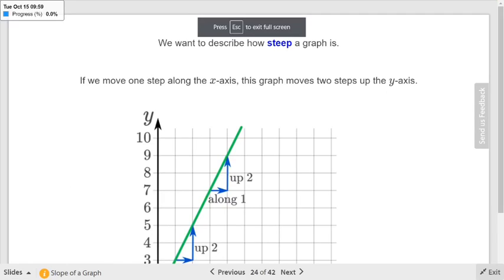Now, a gradient or slope is used to describe how steep the line, the graph, is. So, think of a hill, right? Are all hills the same? No. Some of them are very steep and some of them are slow and gradual. Well, you can describe that using the slope or the gradient, all right?